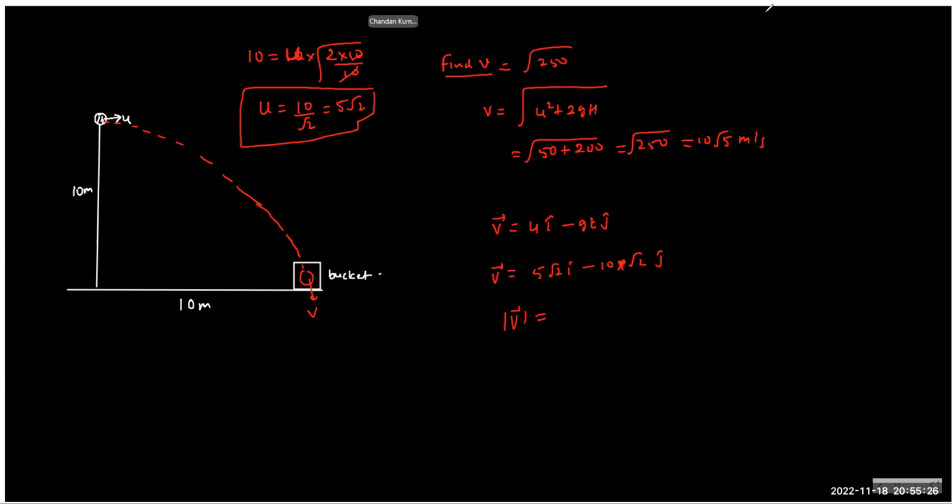You can start doing section A. I haven't taught you oblique projectiles, but you can start solving because you know the basic derivation. There's a section B called projectile from a tower, so you can solve all the B questions, B1 to B4. Then you can solve section C. So your homework is this.